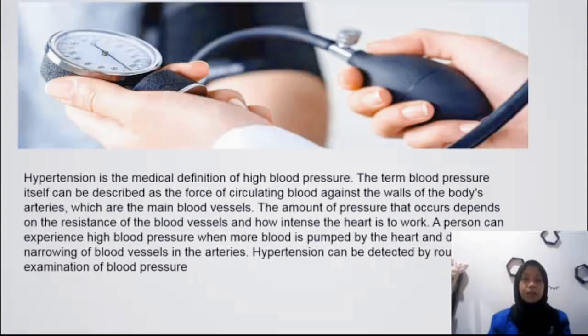The amount of pressure that occurs depends on the resistance of the blood vessels and how intensively the heart has to work. A person can experience high blood pressure when more blood is pumped by the heart and due to narrowing of blood vessels in the artery.